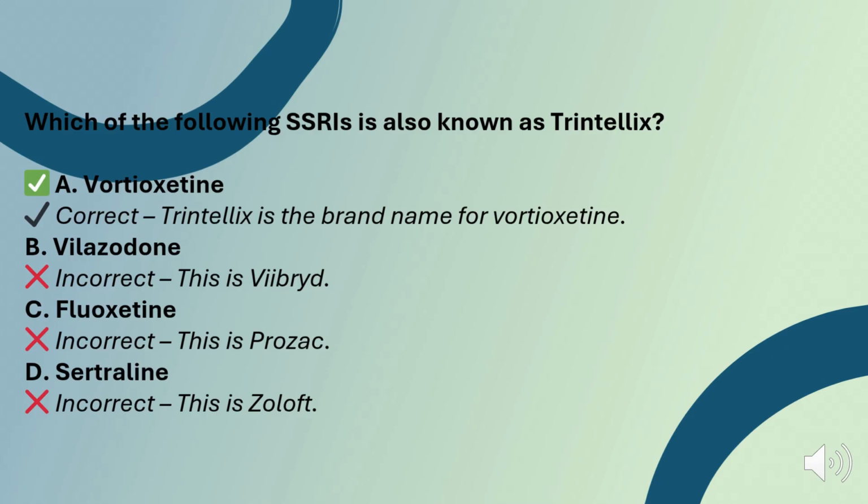If you recall, in the last presentation we talked about Trintellix, which used to be known as Brintellix, and the name had to be changed because it sounded similar to another drug. Maybe that'll help you remember that. But vilazodone is incorrect. That's Viibryd. Fluoxetine is Prozac, and sertraline is Zoloft.